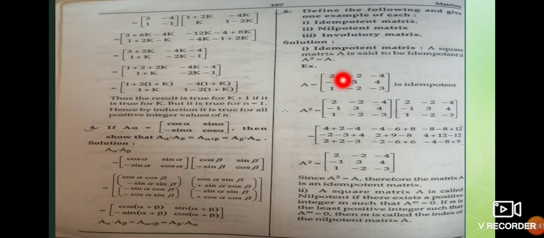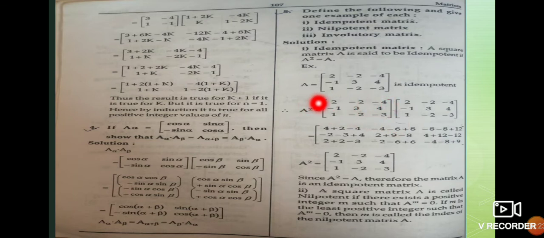We know the matrix A, and A square is equal to A into A. The multiplication is: first row first column, 2 into 2 is 4, minus 2 into minus 1 is plus 2, minus 4 into 1 is minus 4. Then first row second column, first row third column.